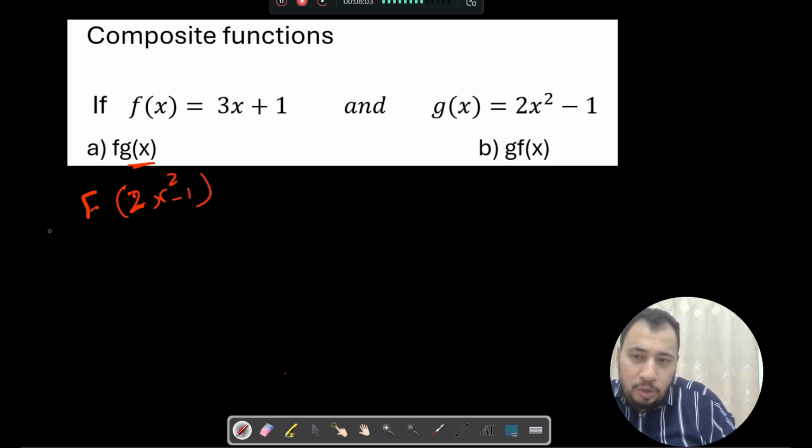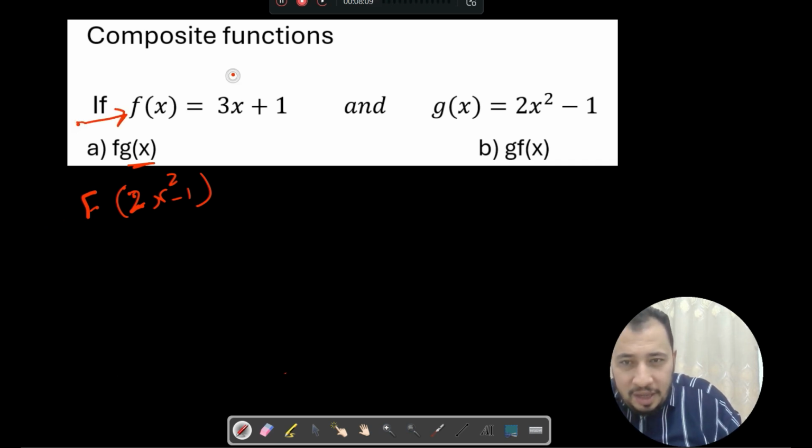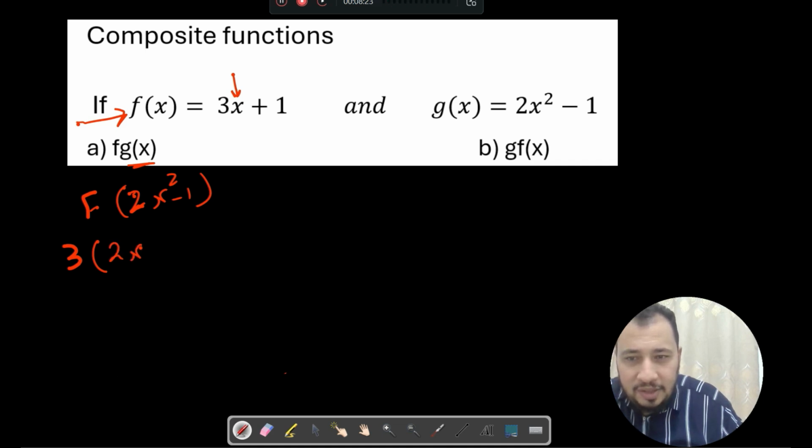Now, what are we going to do? We will go to function f, which is here. Replace x with the value you just wrote over here. How can we do that? So simply 3 is here. And instead of x, I'm going to write 2x squared minus 1.